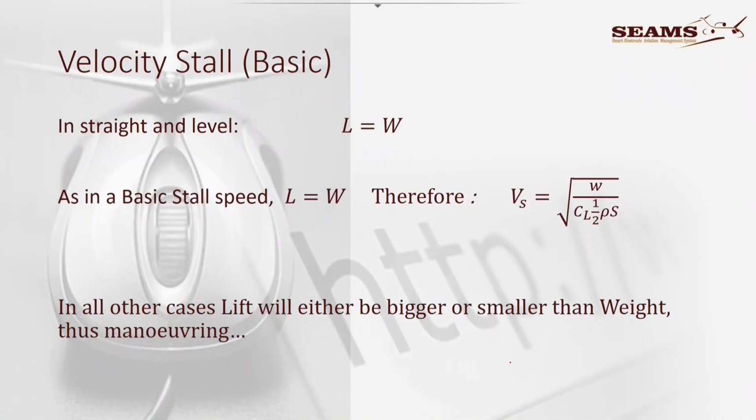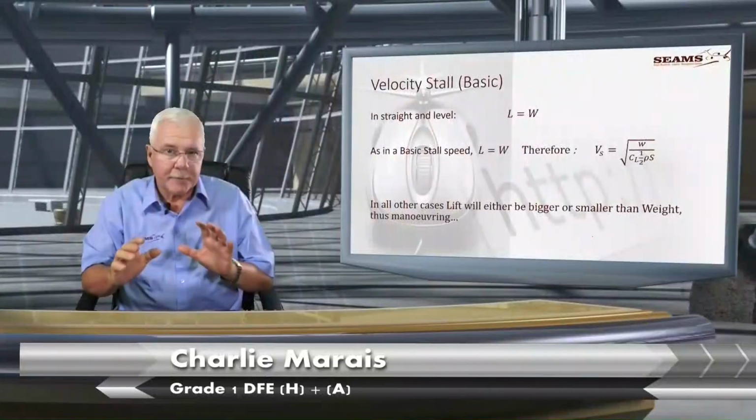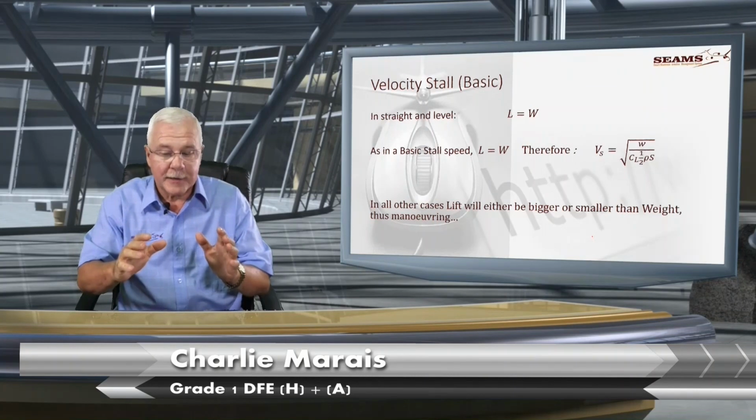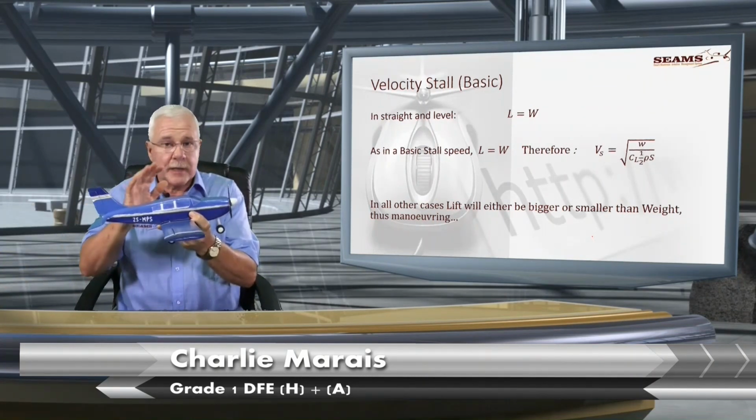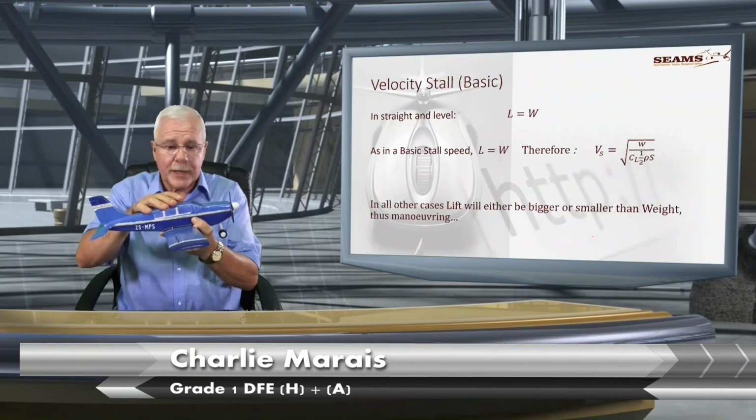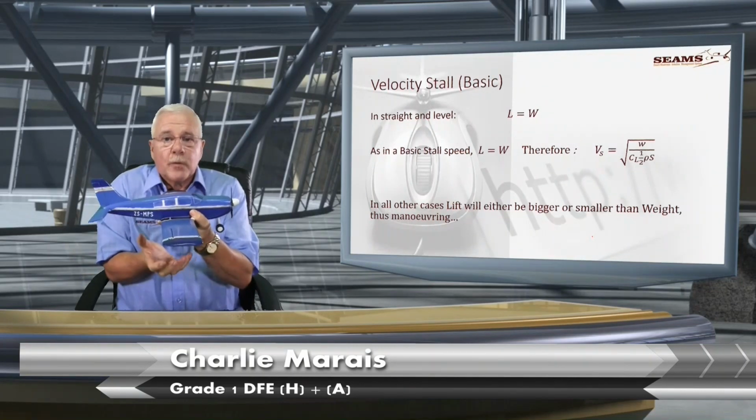Now it's time to look at the basic stalling speed. Let's start off to say, where are we going to get this basic stalling speed? And the first thing, remember, when we are flying straight and level, if the aircraft is properly trimmed, everything straight and level, cruising power and all that, lift equals weight.